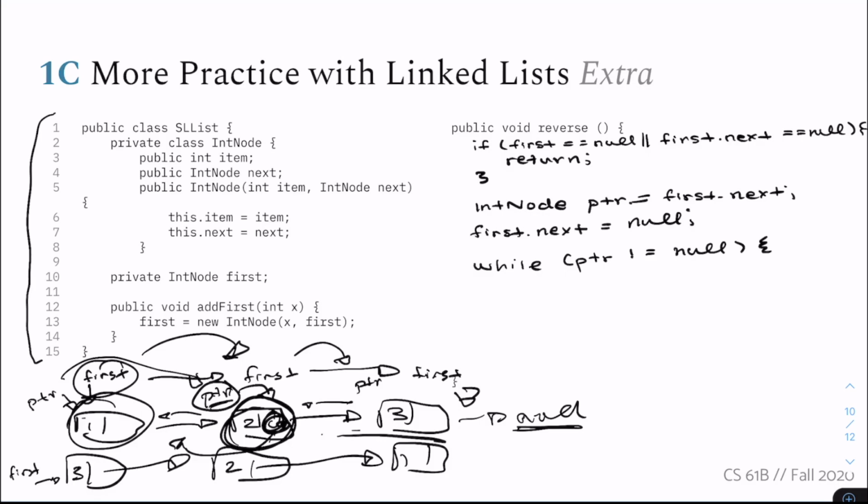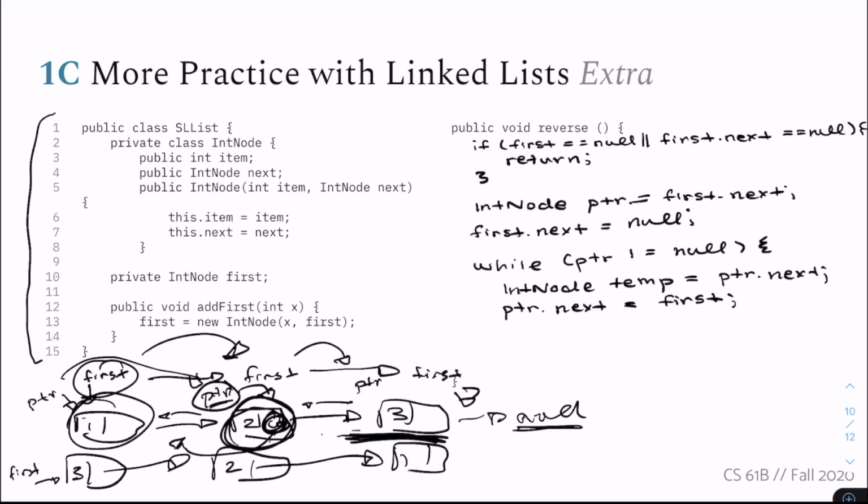But we don't want to lose access to this element over here. So the first thing we have to do before we forget is set some temp int node to be equal to ptr.next. Now that we've done that and we don't have to worry about losing it, we can set ptr, whatever ptr.next currently is, to be equal to first.